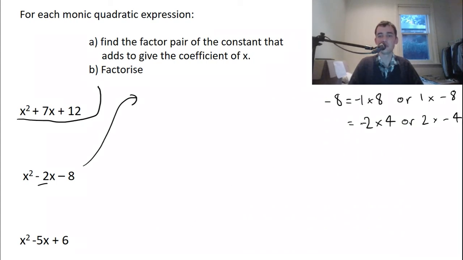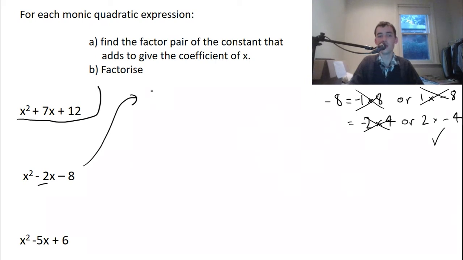That's not right. 1 plus -8 is -7. Still not -2. -2 plus 4 is +2. You can do these in the calculator if you want to. 2 plus -4 is -2. So that's the one that we want.